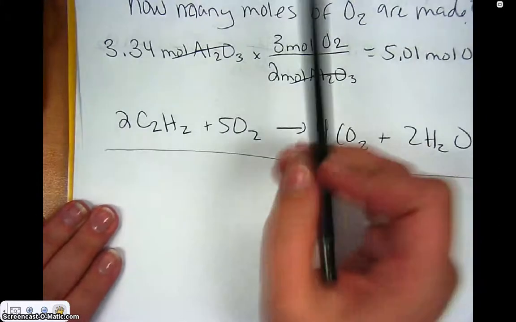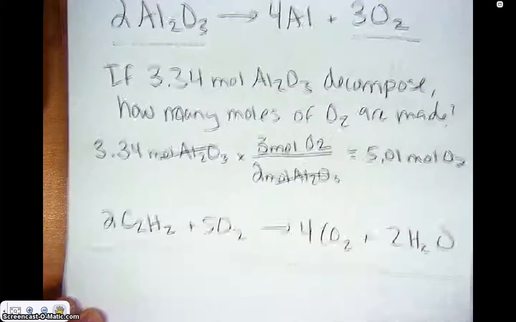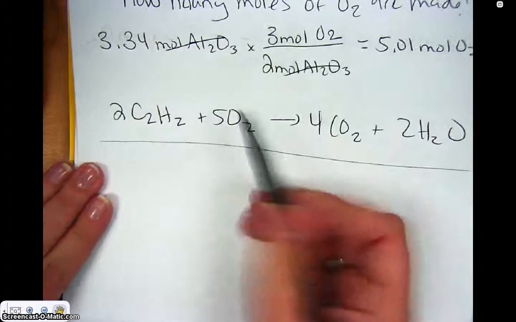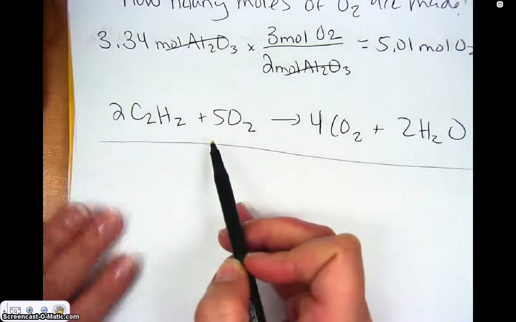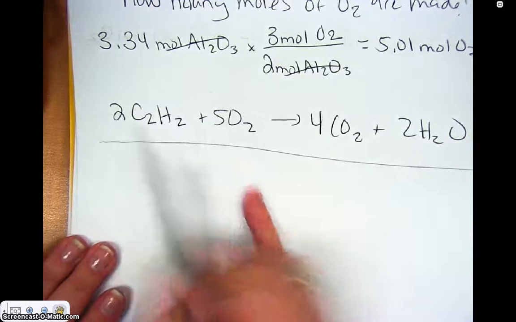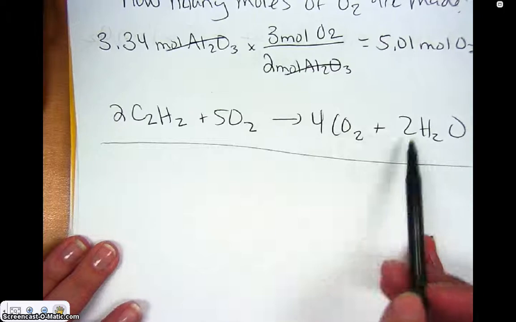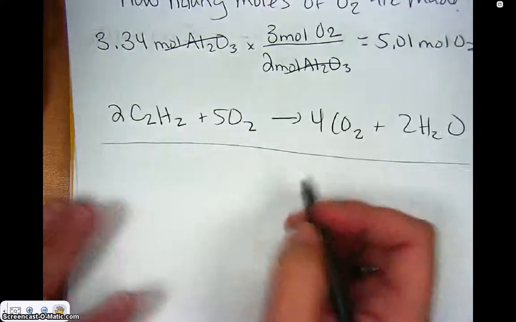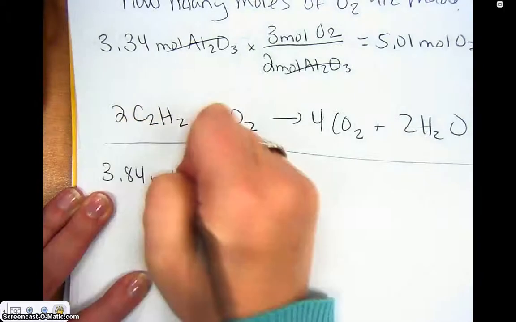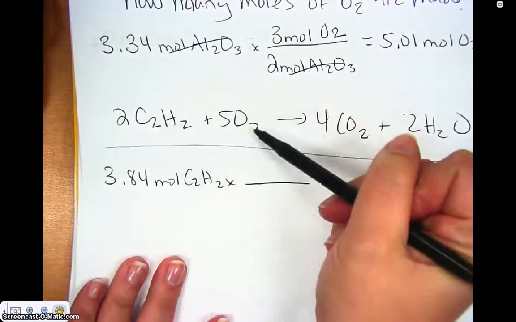So up here we did a conversion that went from a reactant to how much product was formed. In this case, we're doing a reaction to figure out if I react a certain amount of one reactant, how much of the other reactant do I need? That is actually called the stoichiometric amount, or the exact amount that you would need so they completely react and turn into products. So let's say we said 3.84 moles of C2H2, and I want to go from moles of C2H2 to moles of oxygen.